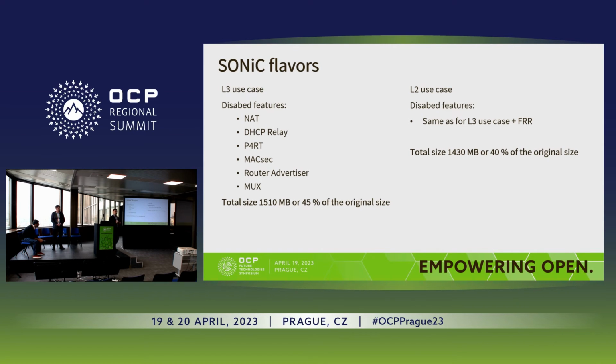So we realized, let's define flavors of SONiC, something that you can choose. I want this SONiC for a layer 2 switch, for example, and remove these containers from the build. Not remove them, but just disable. It's still SONiC, still the same build system, just that those containers are not built for that specific image. By doing that, we got 45% of the original size of the image.